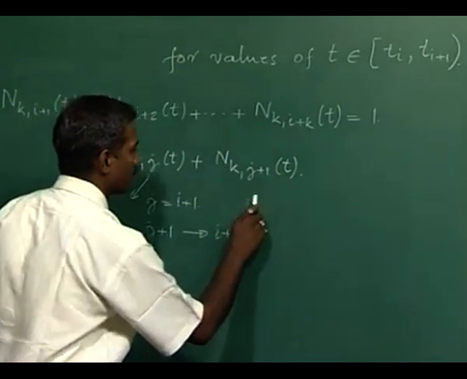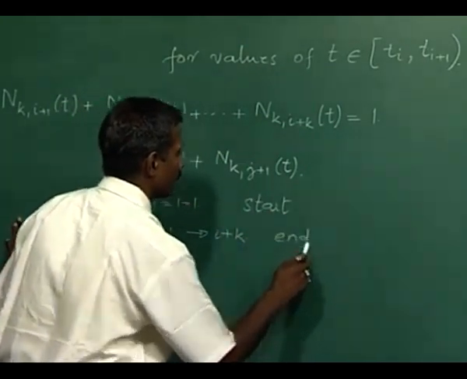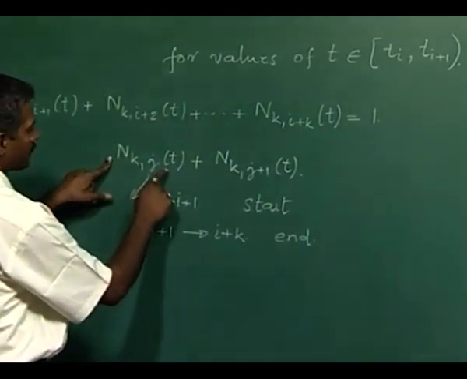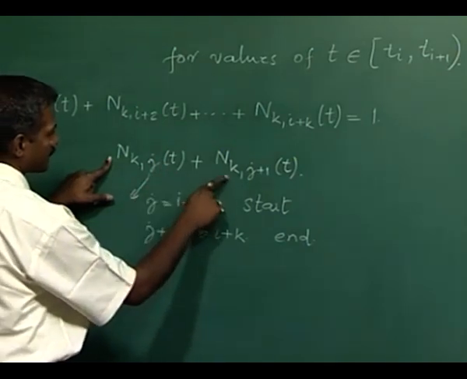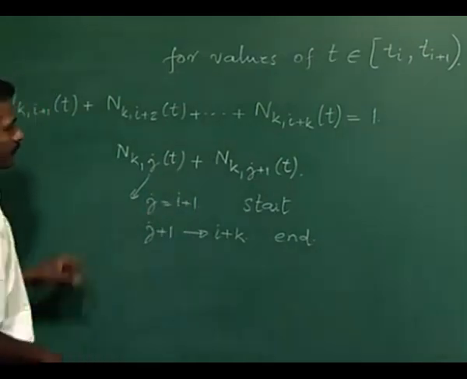So this is the start and this is the end. We'll use the recursion relation to sum these consecutive basis splines and then go further from there.